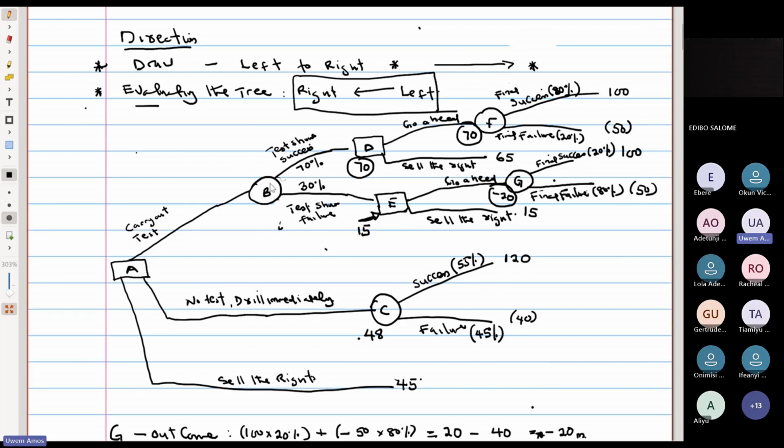So if it's B, if it's success, it will either land us at D, which is 70, or it will land us at E, which is 15. And the probability that it will land us at D is 70%, the probability that it will land us at E is 30%. So that's why you're having 70 and 15 here. Okay, sir. Thank you.